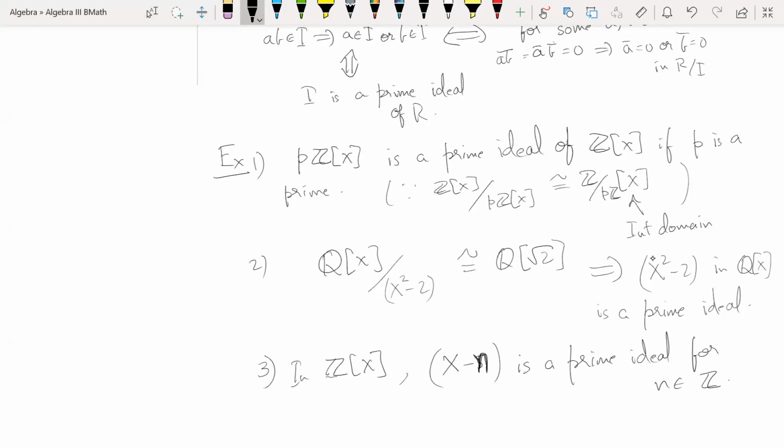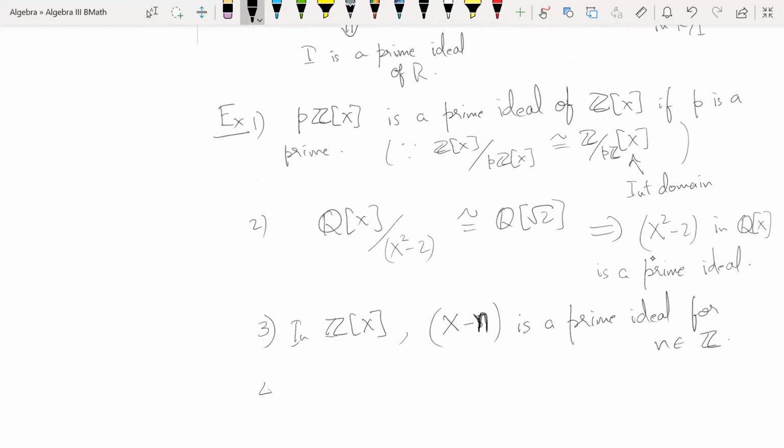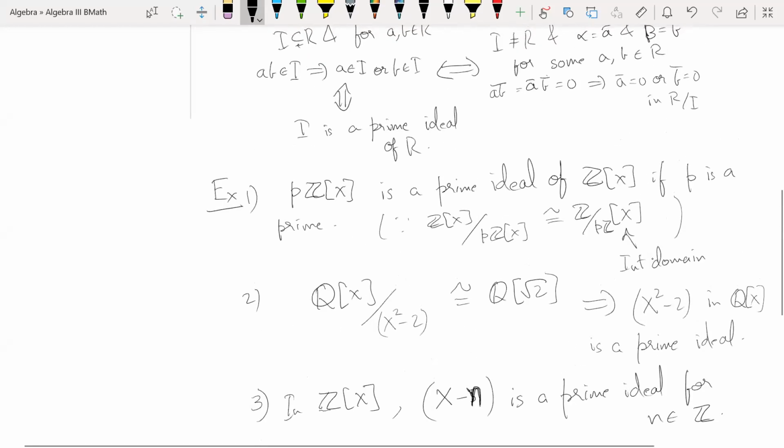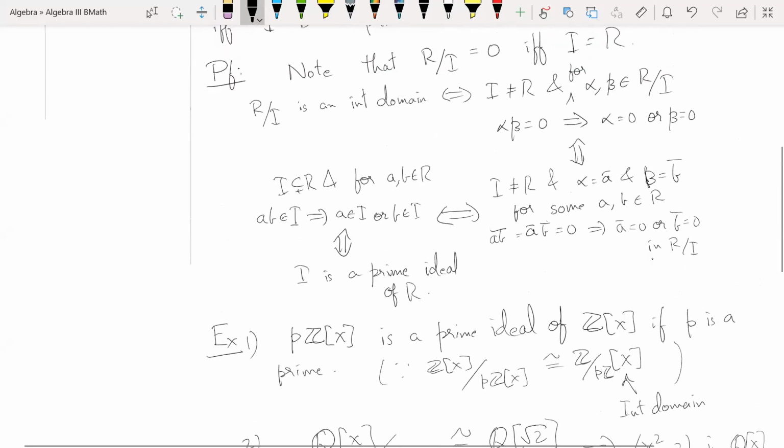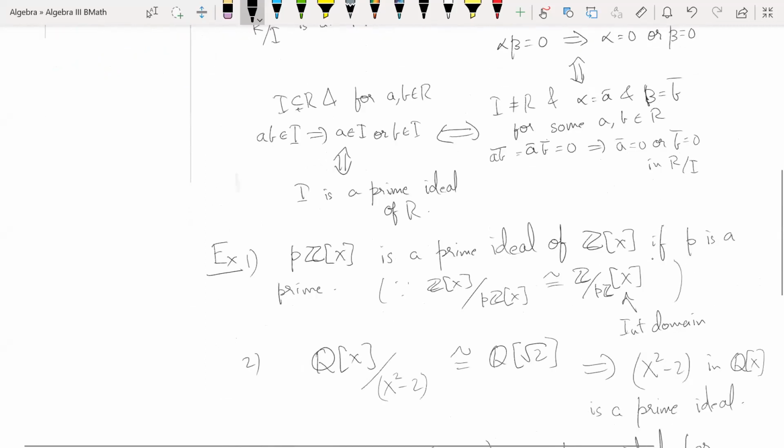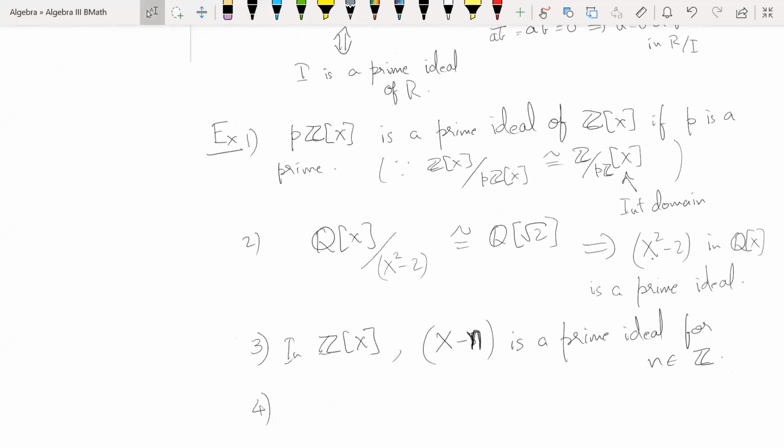Are ideals of an integral domain always prime ideals? No, that is not true. We know that Z is an integral domain, and the only prime ideals are generated by the prime numbers.